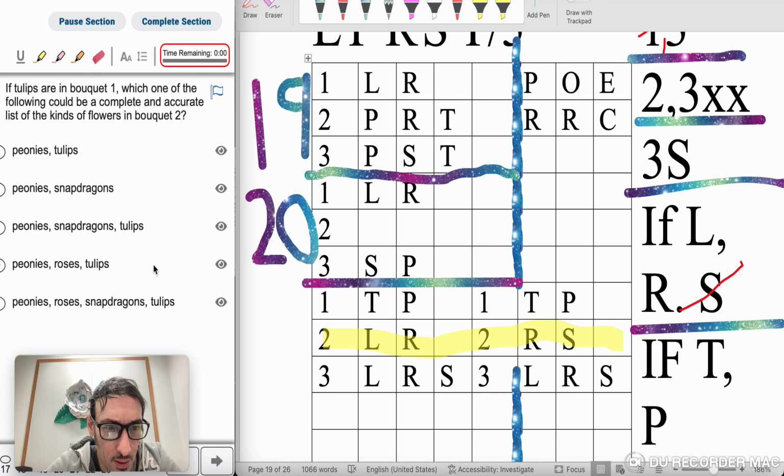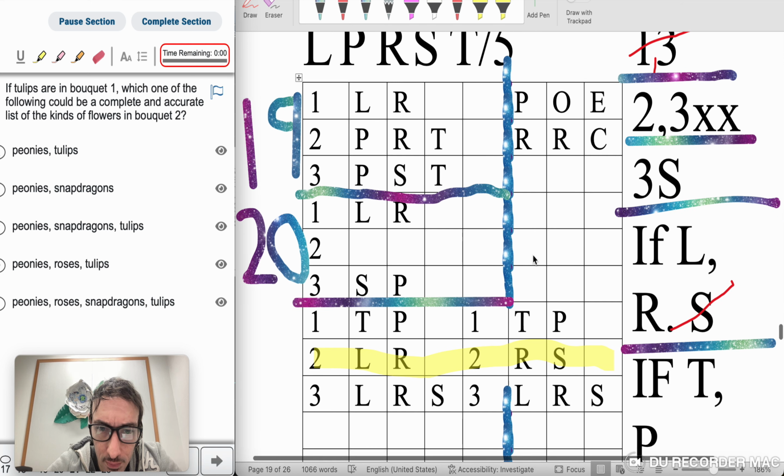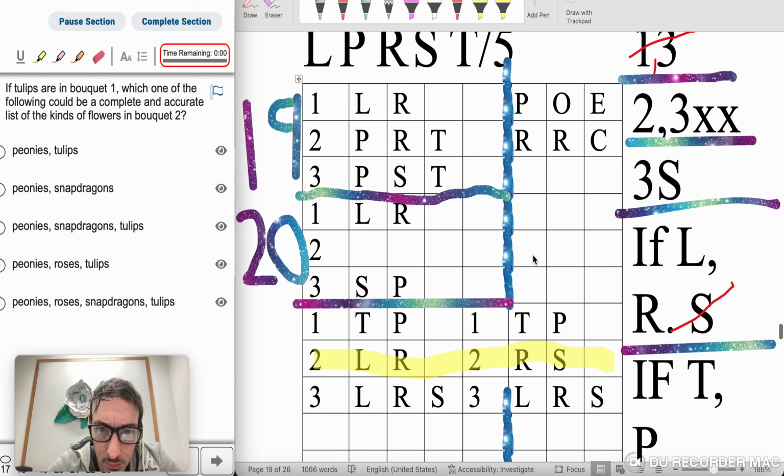For tulips, that's not going to be what you consider available. Rose and snapdragon does work out. So let's put this one correct. So T and P must have two different kinds. 2 and 3 must have the same kind.